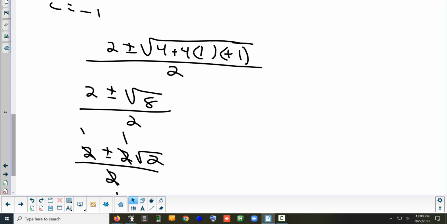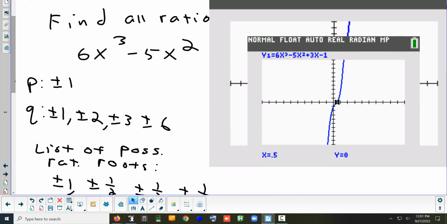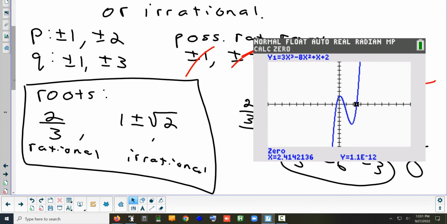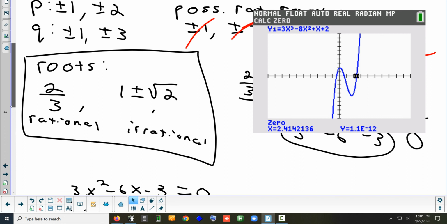Wait, why in the one before did we only use b squared minus 4ac instead of using the whole equation? Because in the other one, I already knew it wasn't going to work, so I just wanted to show you quickly that it wasn't. Oh, okay. And remember when we graphed it, it only crossed the axis one time? That's how I knew the other answers weren't going to be there. They would be imaginary. But this time it crossed 3 times, so I knew it would work. I see.